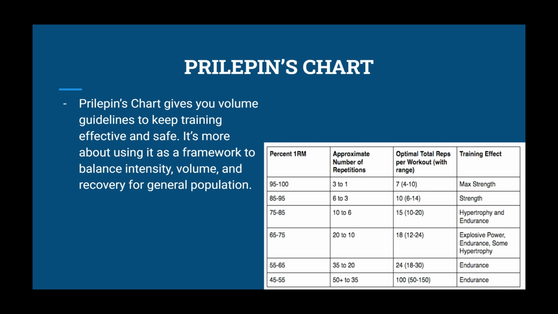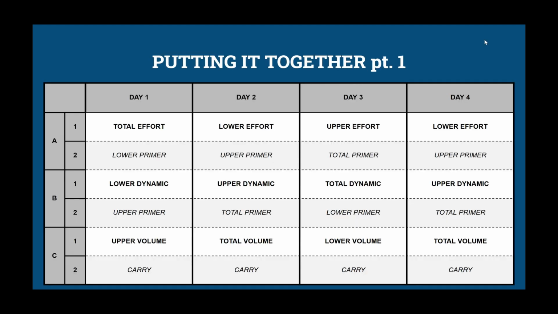All of this is how you start putting programming together. What I recommend for everybody listening to this is to pull out a piece of paper or a blank spreadsheet, however you want to do this, and just create this template where it is day 1, day 2, day 3, day 4 across the top. And we have our A block, B block, C block.